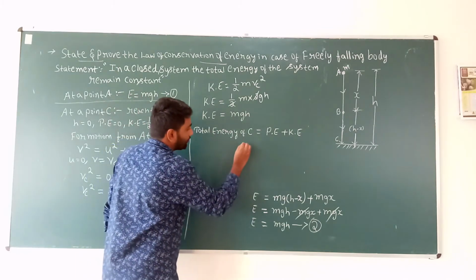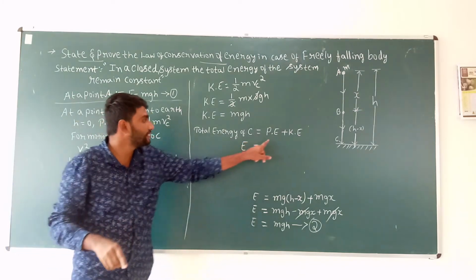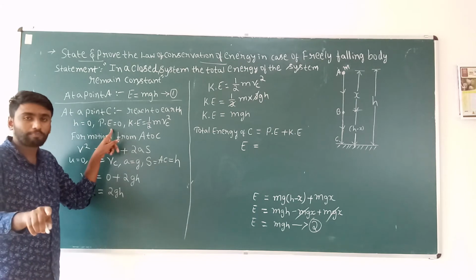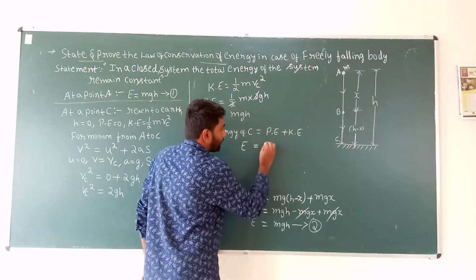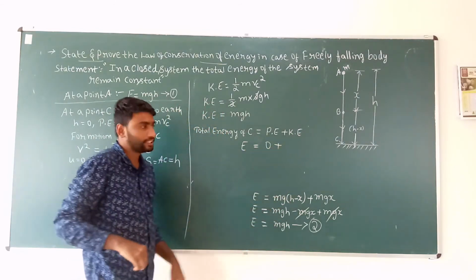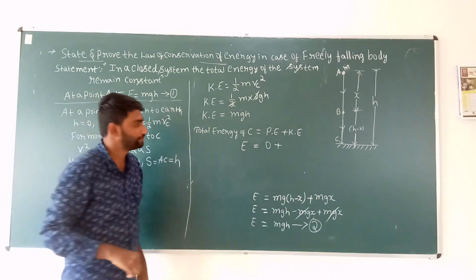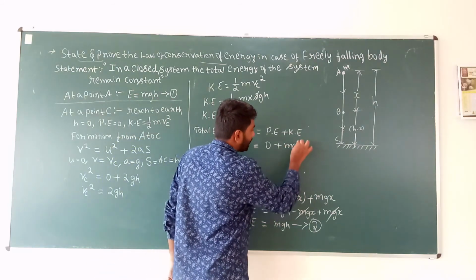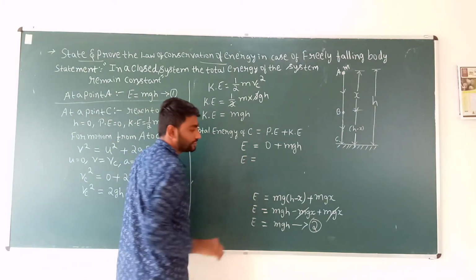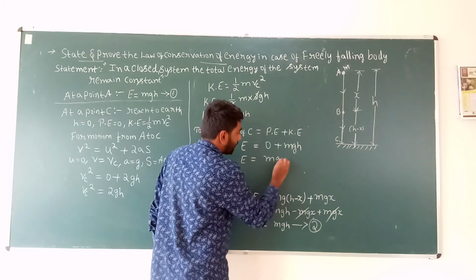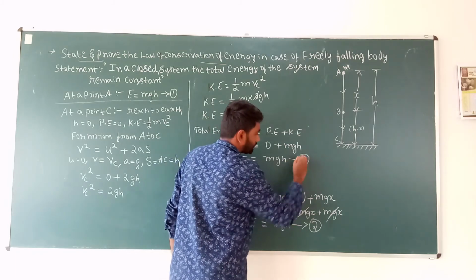At point C, the potential energy is 0, plus the kinetic energy mgh. So the total energy E equals mgh. Consider it as equation 3.